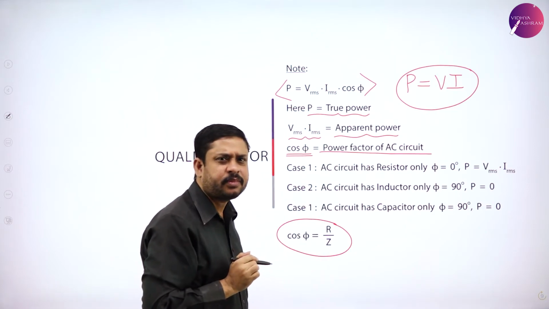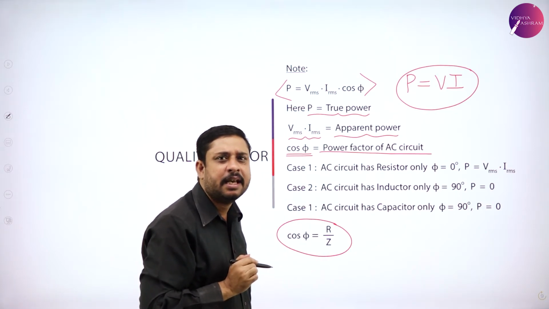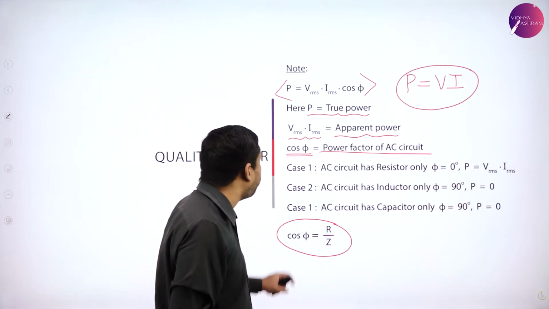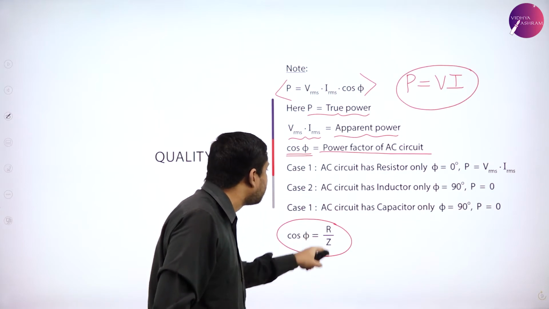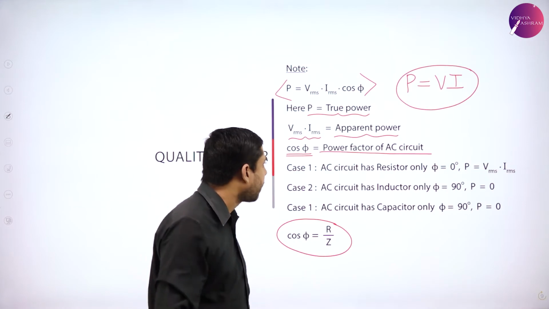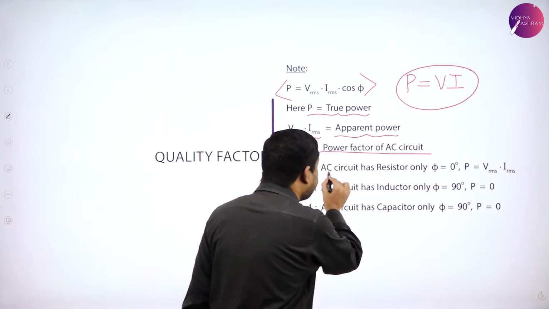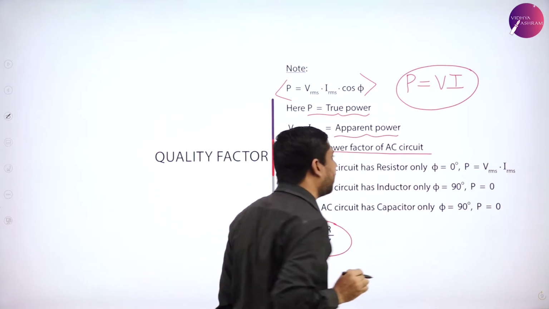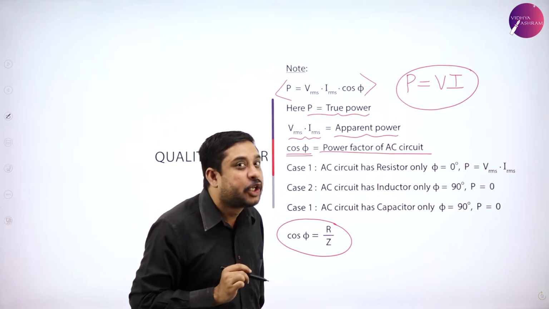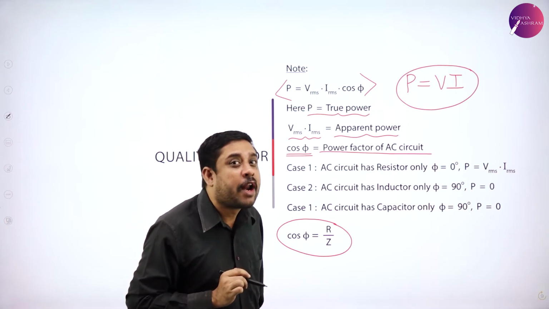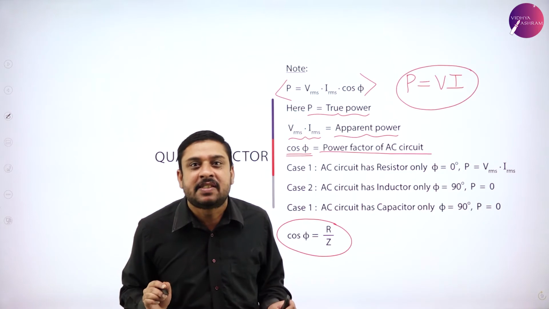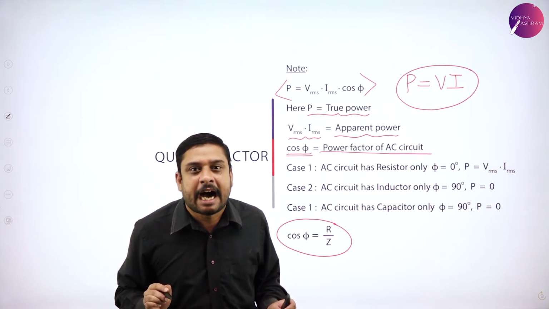VRMS into IRMS is the apparent power, and cos phi is the power factor. Now, in an AC circuit with a resistor, remember, in an AC circuit where you had a pure resistor, was there a phase difference between voltage and current?